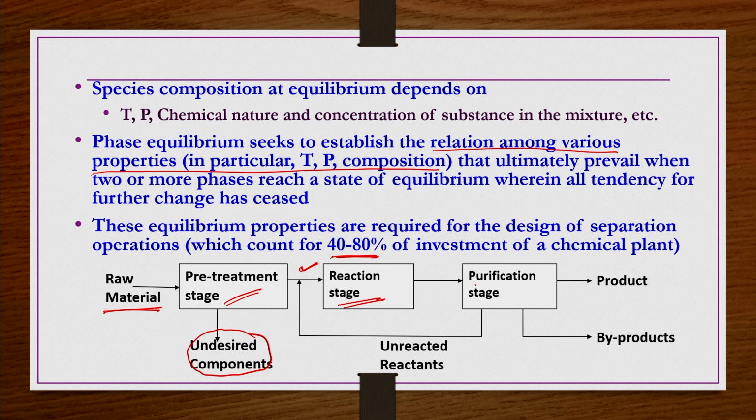From here we get the products and byproducts in general. Okay. There may also be some unreacted reactants as well. So, then we go to the purification or separation stage, where unreacted reactants would be separated, and if required they can be sent back to the reaction stage, and then products would be further separated from the byproducts. So, again separation is involved here.